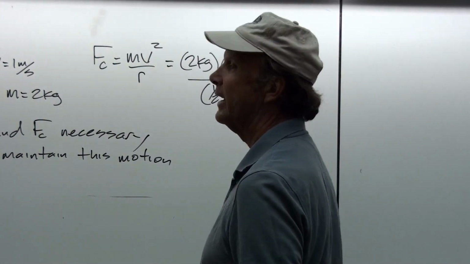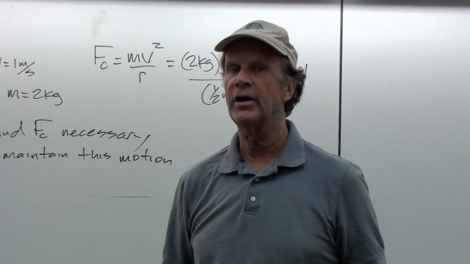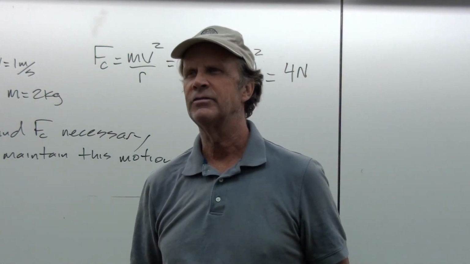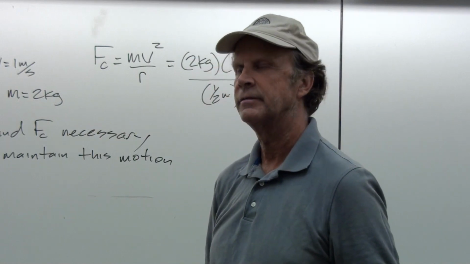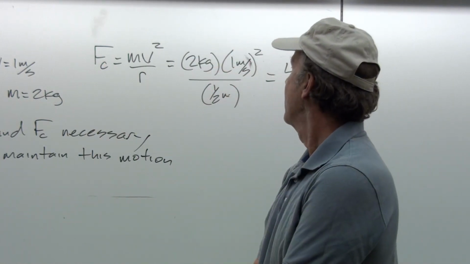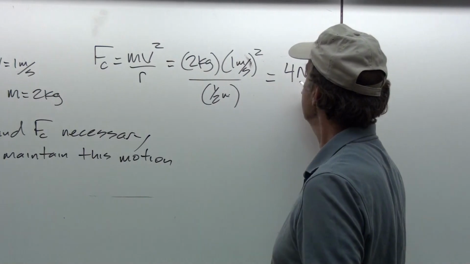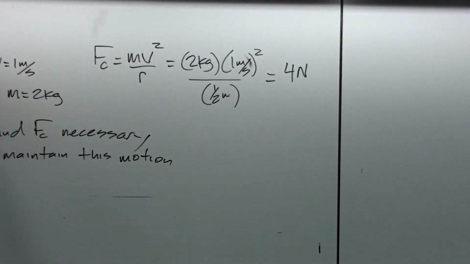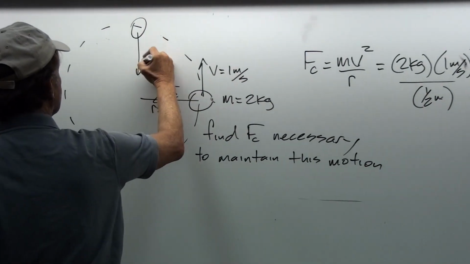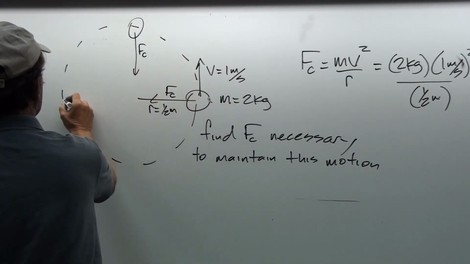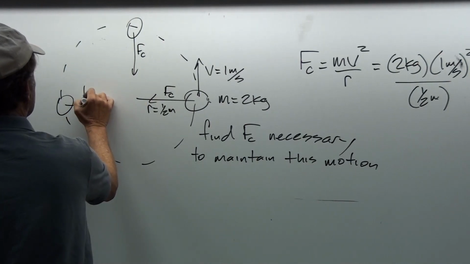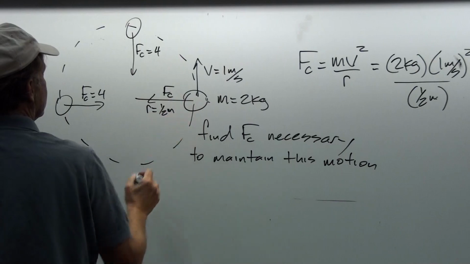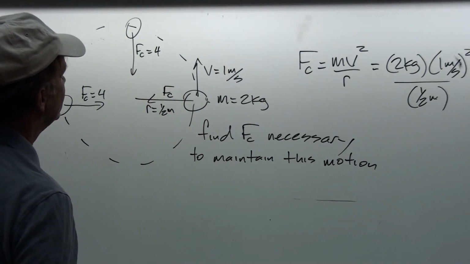So I would need to apply 4 newtons worth of force, which isn't quite a pound's worth of force. I think it's 4.5 or so newtons to a pound. But we'd always have to have it pulling in toward the center. So F_c here, F_c there, as it goes round and round, has to be 4 all the way around for this to work at that speed.